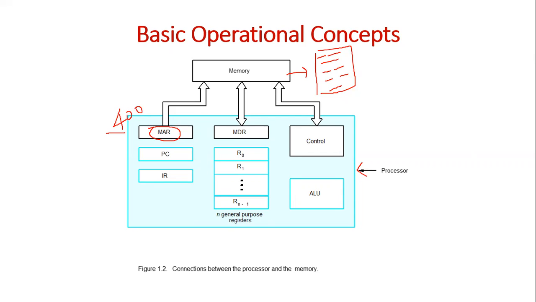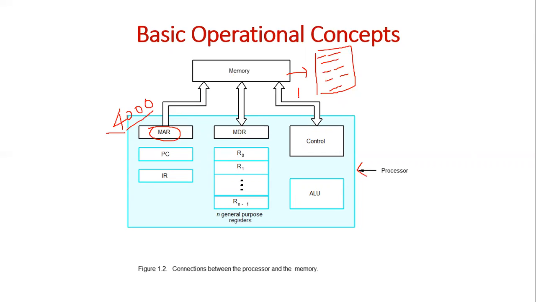If it contains address 4000, it means that either you have to write some value to the location 4000, or you have to read some value from the location 4000. That depends on the control signal.